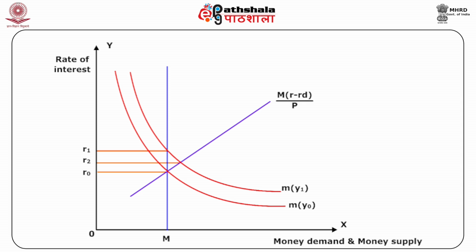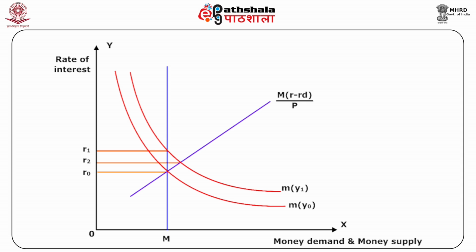Now let us consider a new situation where the money supply has expanded and the nominal money supply remains the same. Yes, money supply has expanded, but it is the real money supply which has expanded, and this is not because of either the price level or the nominal money supply.